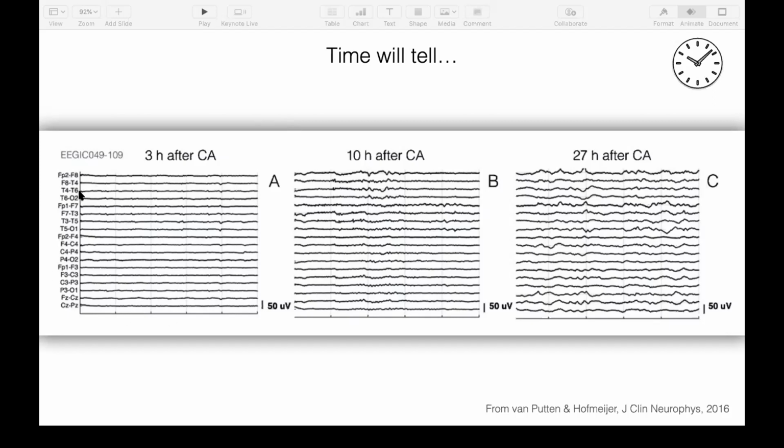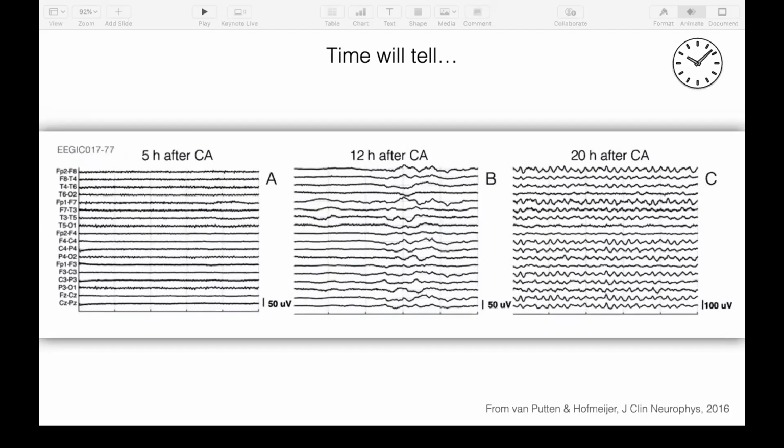So this is 3 hours after arrest, essentially an isoelectric recording, some return of rhythms, and more return of physiological EEG rhythms 27 hours after arrest. This actually is much better even.